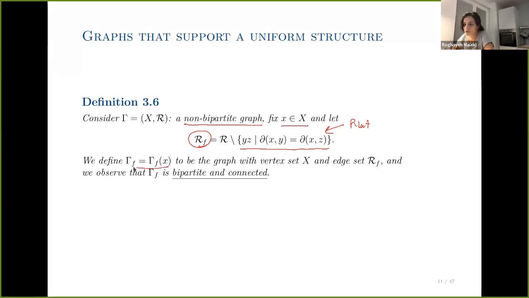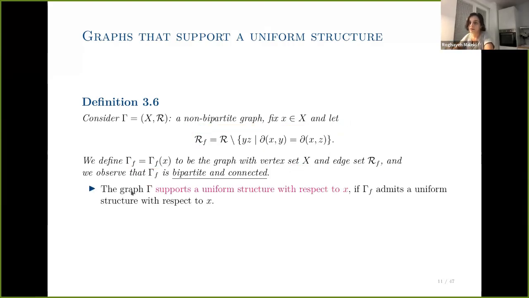So we define this gamma_f, some people call it the full bipartite graph, it depends, to be the graph with vertex set X. So the vertex set stays the same because we didn't touch the vertices of the graph, we just removed those flat edges. So we have the same vertex set, and the edge set, we call it R_f here, and we observe that our gamma_f now is connected and bipartite.